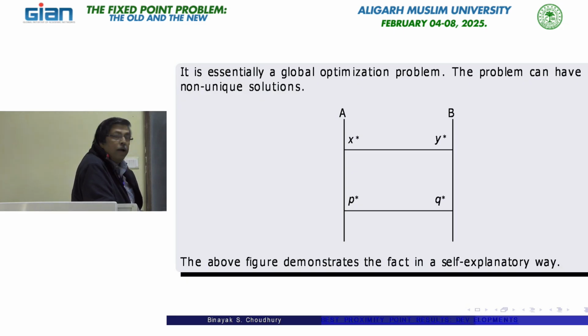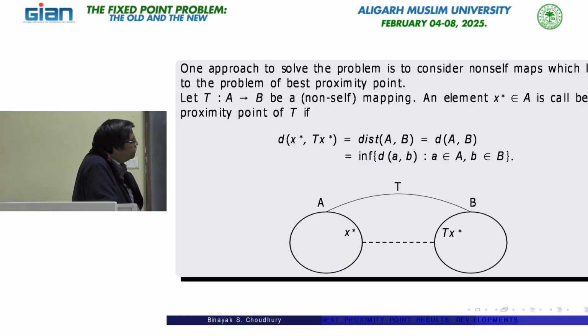Now, how can we have that? Can non-self maps help in any way? Suppose A is a set and B is a set, and ideally we assume that they are separated, that is, there is no meeting point of them. So, we consider T from A to B, a non-self map.